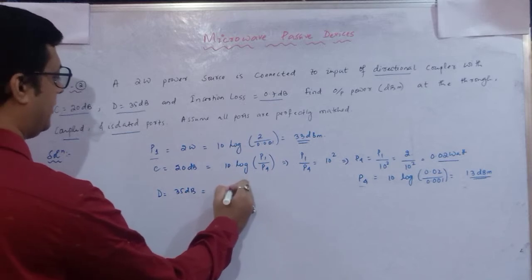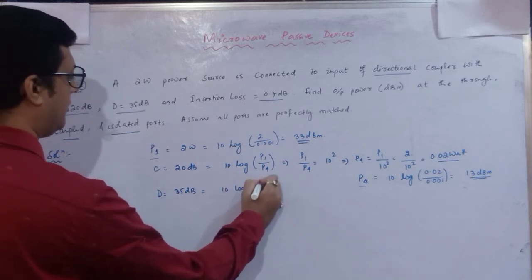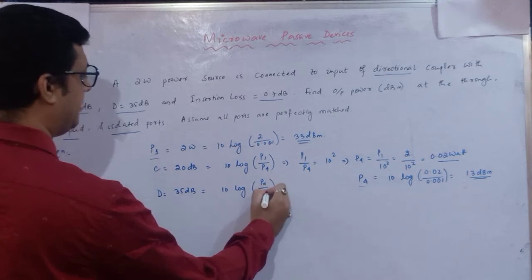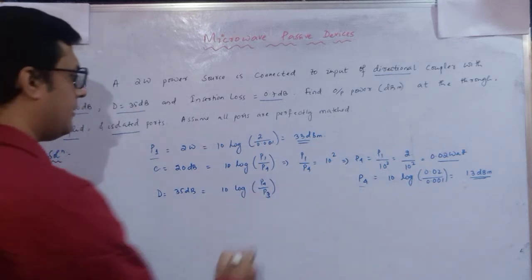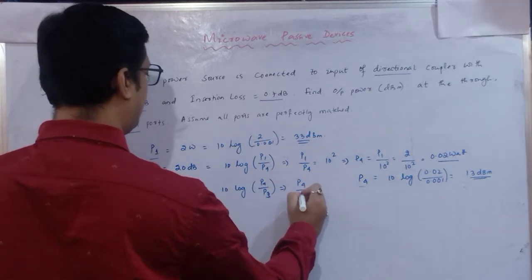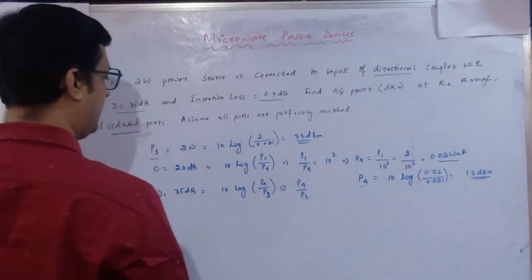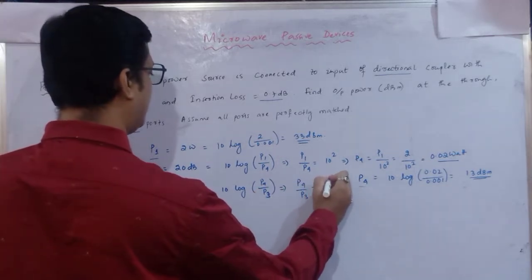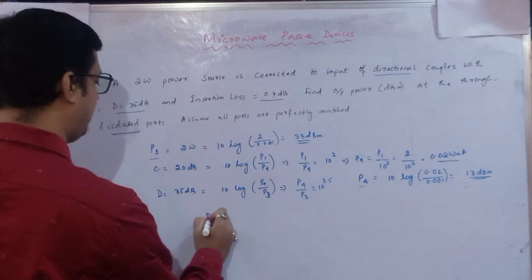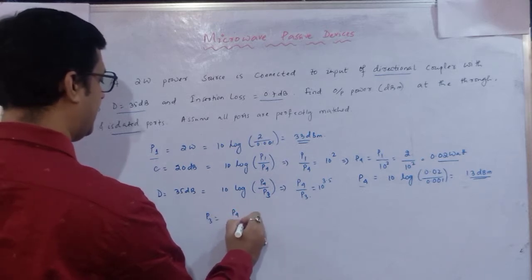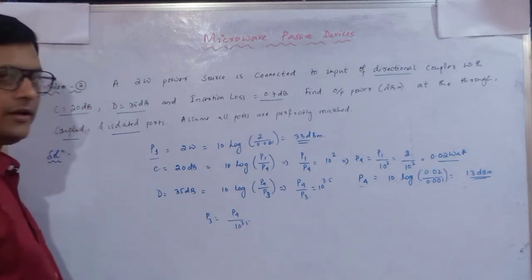Next, with the help of directivity, which is 35 dB, we can calculate this. It is 10 log P4 divided by P3, the auxiliary arm. I can write P4 by P3 equals 10 to the power 3.5, and P3 equals P4 divided by 10 to the power 3.5.